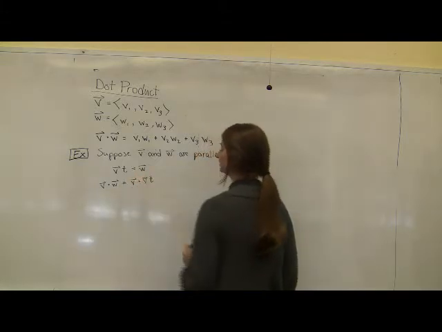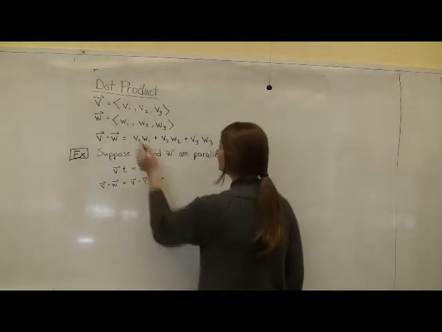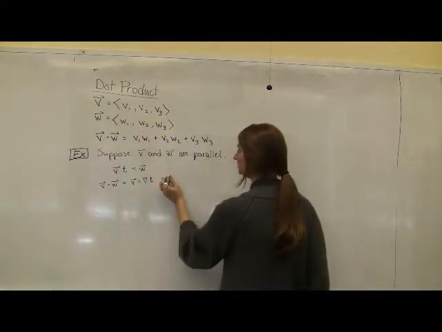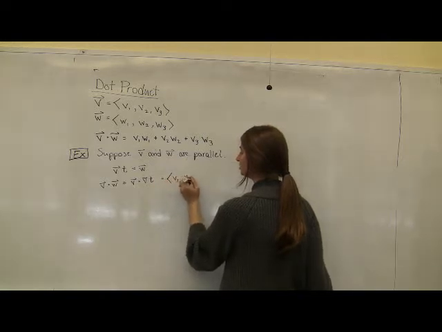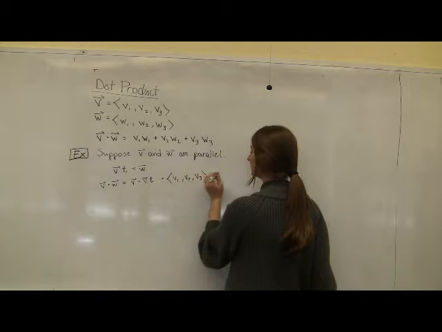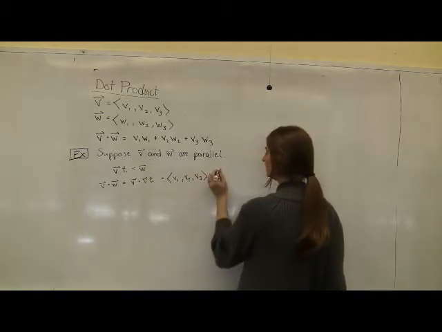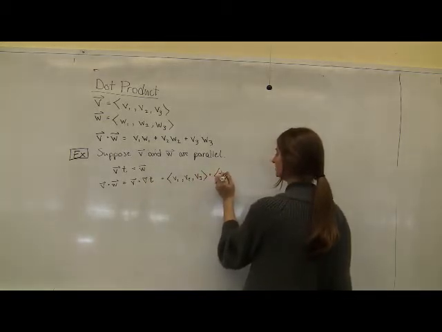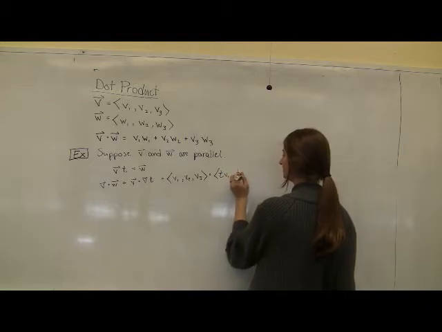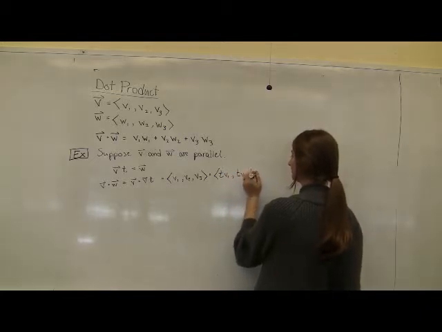t times v. And if I write this out in the same notation that I was using previously, in this case it means that it's going to be v1, v2, v3 dotted with, what is t times v? It's going to be t times v1, t times v2, t times v3.